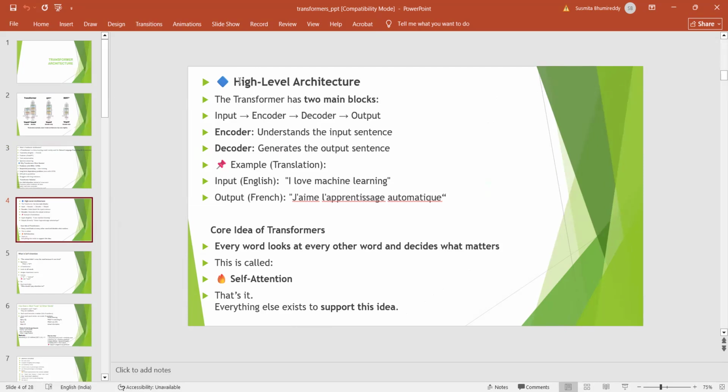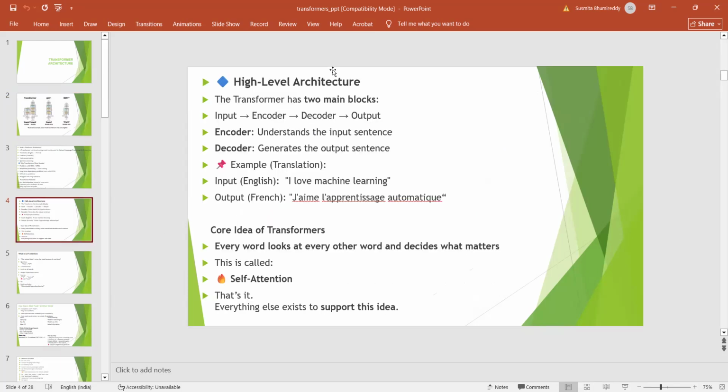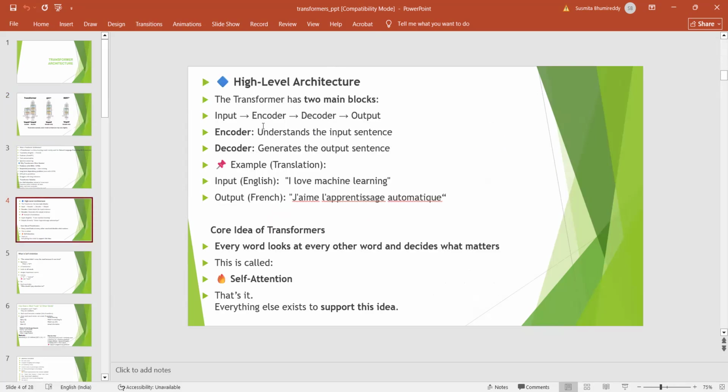So coming to the transformer architecture. This is a transformer architecture. The transformer has two main blocks: the encoder and the decoder.